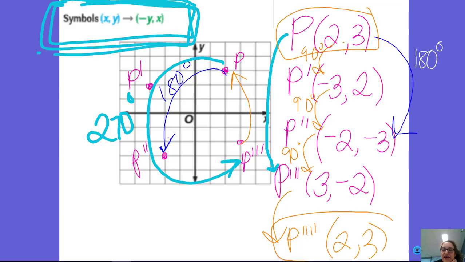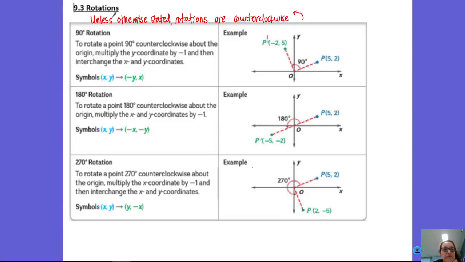My original P and my ending P are the same. So when you rotate 360 degrees, rotating 90 degrees 4 times, you'll end up where you started.